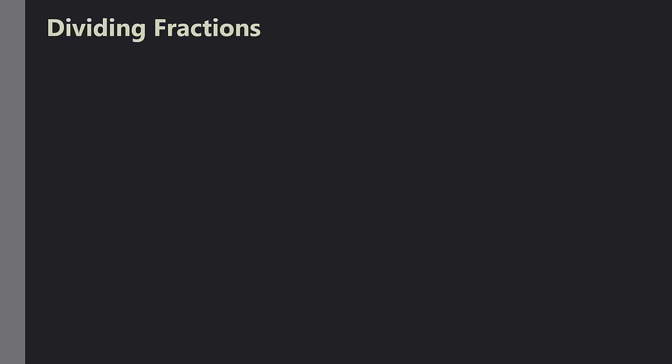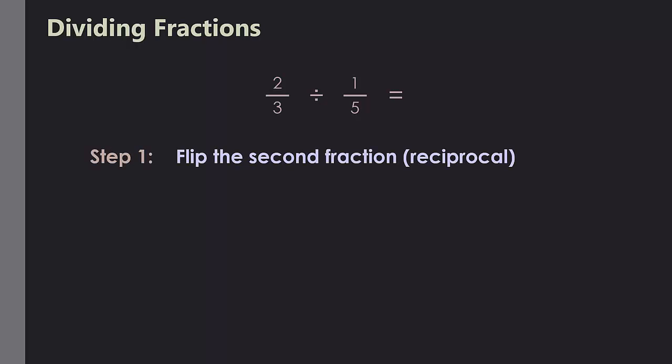From the previous example, we need 2 steps to solve the division of fractions. For example here, 2/3 divided by 1/5. So step 1, you have to flip the second fraction, or find the reciprocal of 1/5. So 1/5 becomes 5 over 1. And then step 2, multiply the first fraction by that reciprocal.